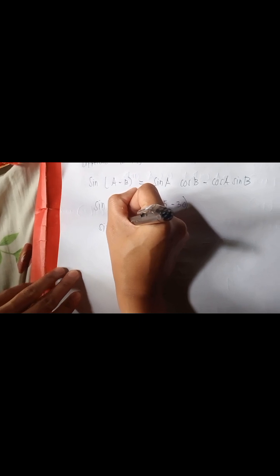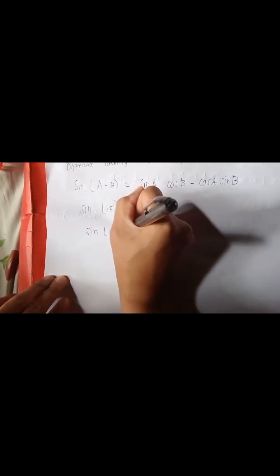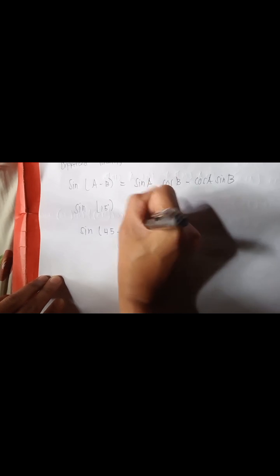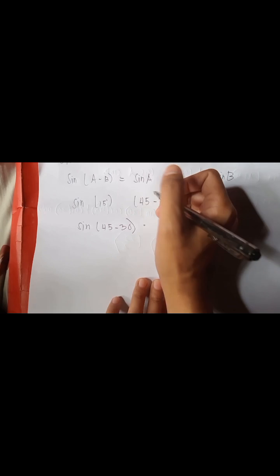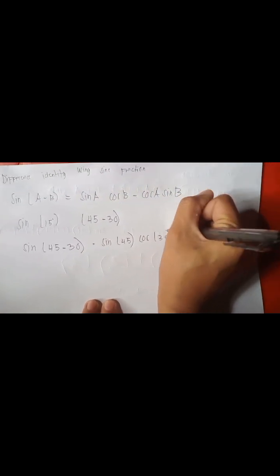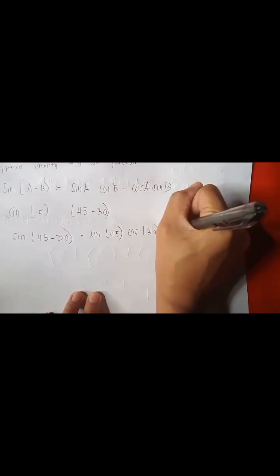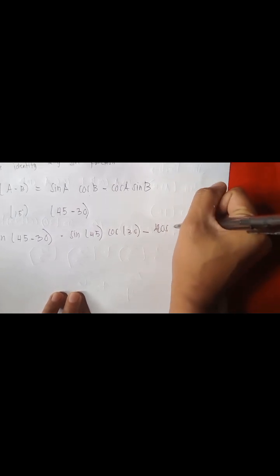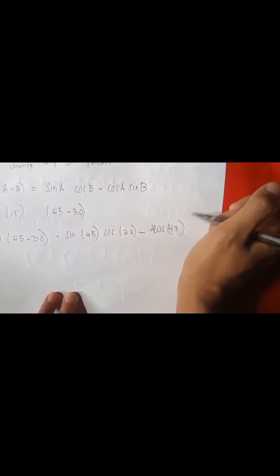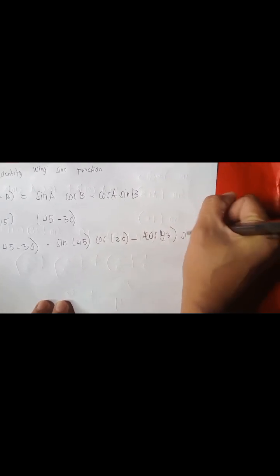So sine 45 minus 30, so sine A is 45. So cosine B is 30. Minus cosine A is 45. Then sine B is 30.